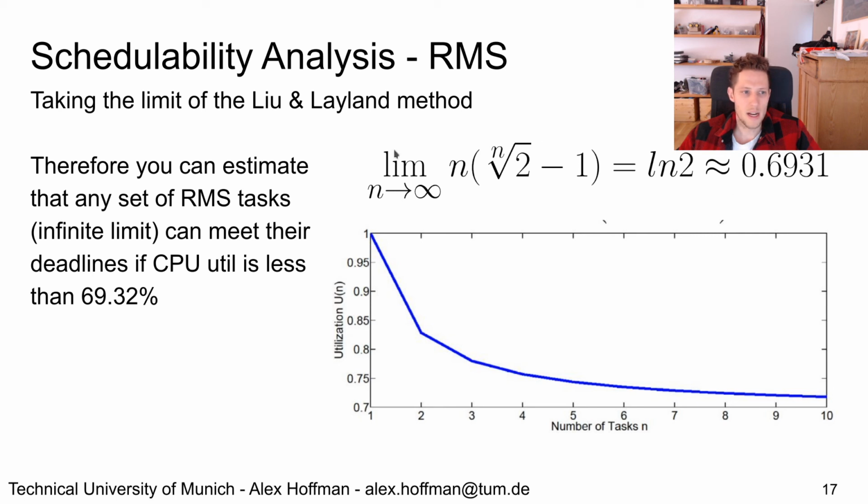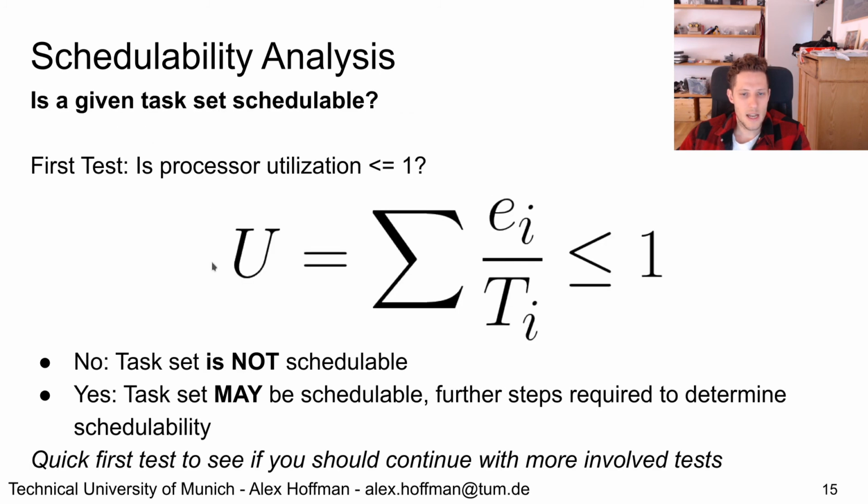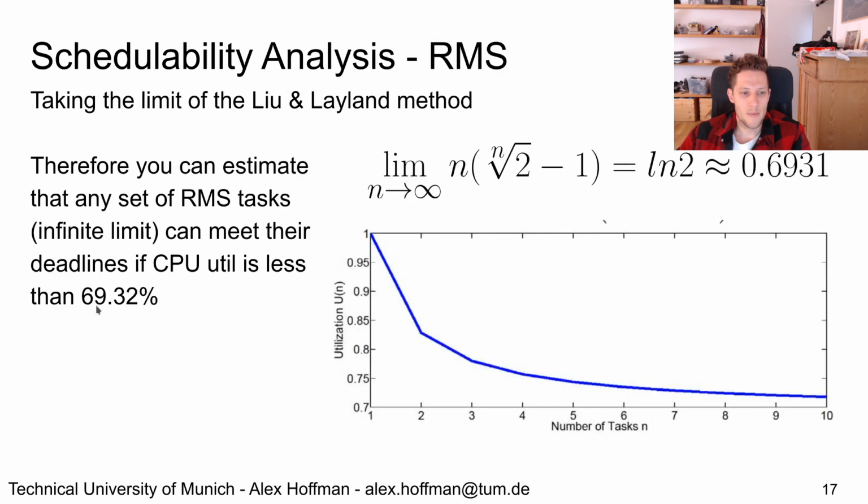And so what they're trying to say is that they're guaranteeing that as long as we sit below 69.3, they've estimated that any set of tasks can meet their deadlines.